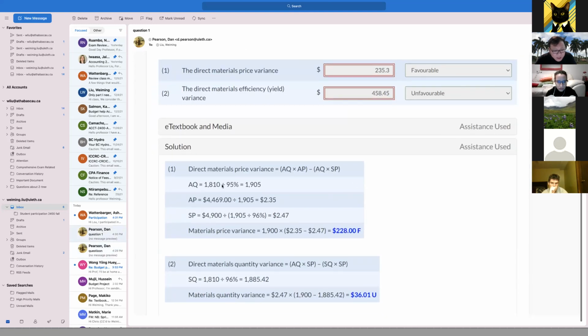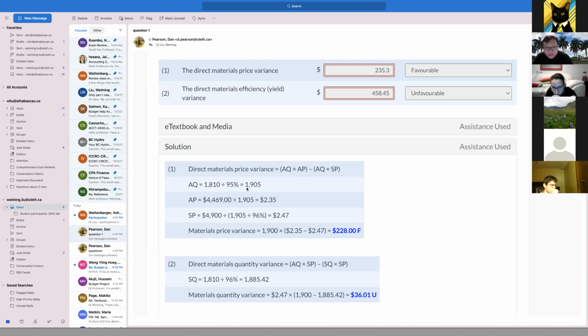So here you see the division, right? Because you want to figure it out. You are saying that I'm going to need 1810, but because there is 5% waste, you really need 1905.